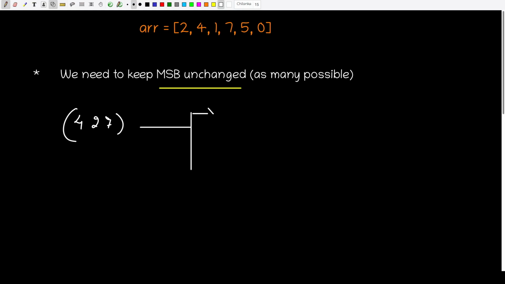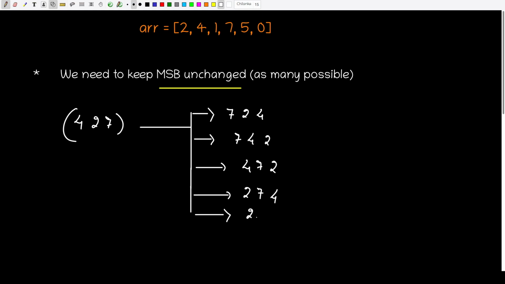For instance, one permutation could be 724, another could be 742, and then 472, 274 and 247. Now clearly these two permutations are not valid since they are smaller than the current number. Among these three permutations, the next permutation will be given by 472.